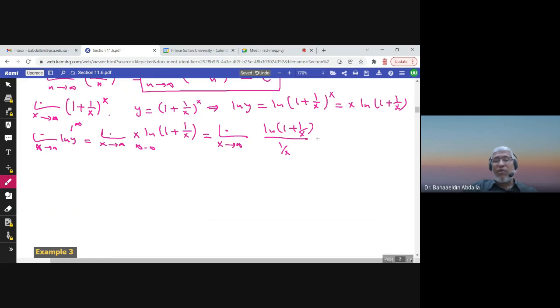And once I have 0 over 0, I can use L'Hopital's rule. L'Hopital says take the derivative of the numerator and the derivative of the denominator. Derivative of ln is 1 over (1 plus 1 over x) times the derivative of 1 over x, which is negative 1 over x squared.